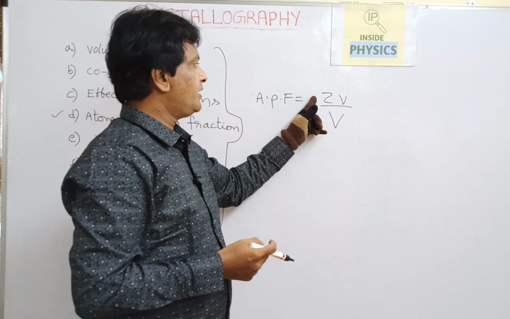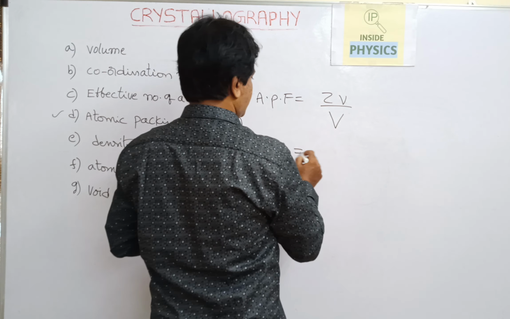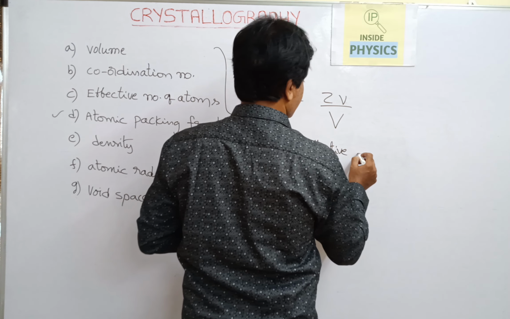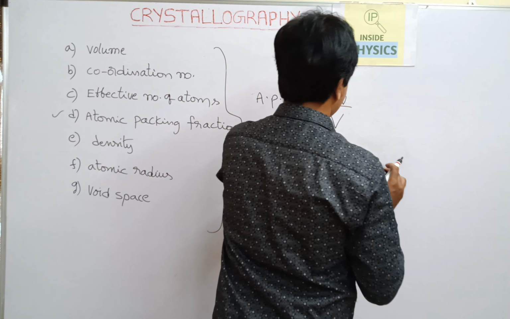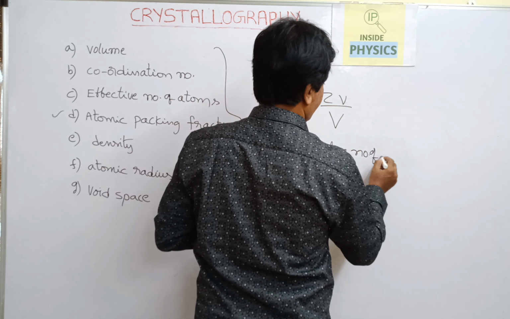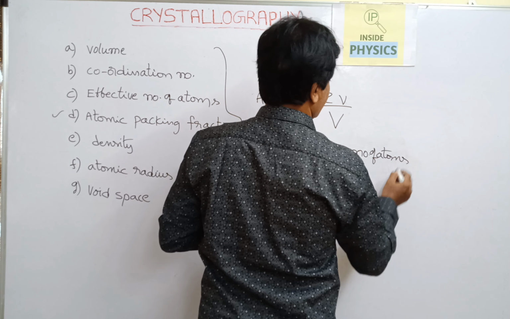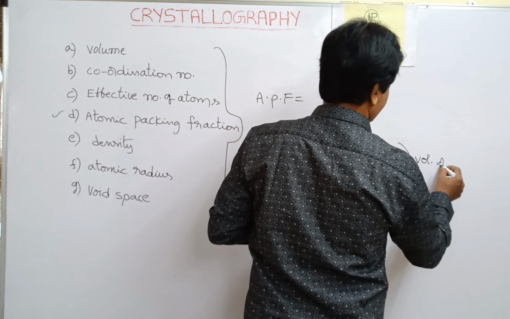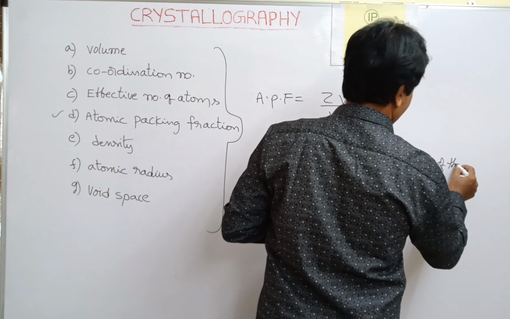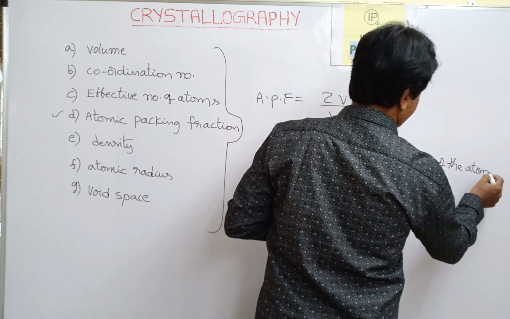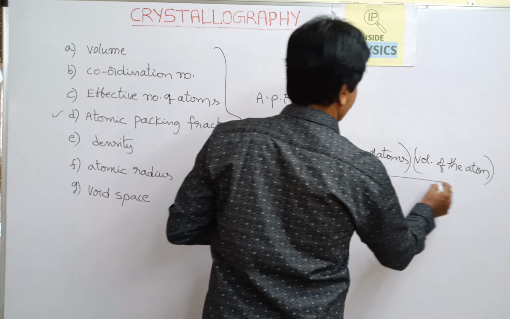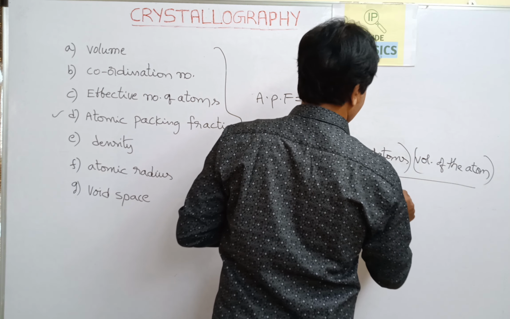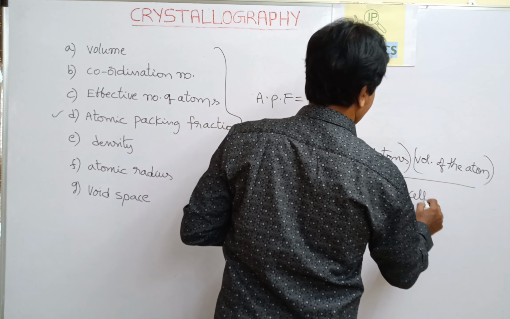Okay. So Z is the effective number of atoms per unit cell, into v, the volume of the atom, by V, the volume of the unit cell, which is a cubical structure.